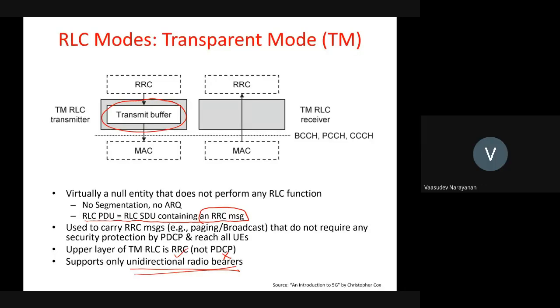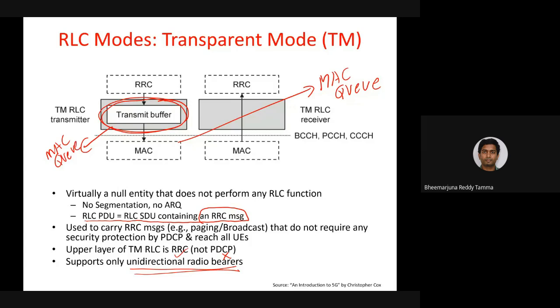Not truly flow control, but if you look at it, in this case the RLC layer is sending its packets to the MAC layer, right? The MAC layer has MAC queues, and the MAC queues are actually maintained in the RLC layer. So the transmit buffer you are seeing here is nothing but your MAC queue. You may be wondering why we need a MAC queue.